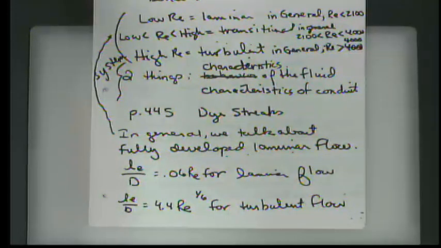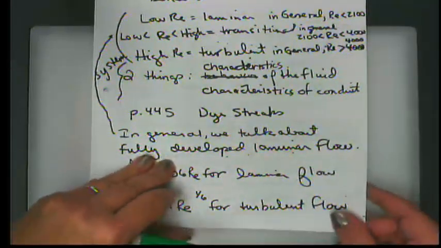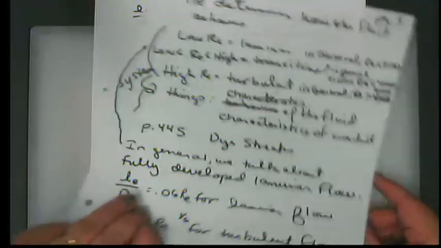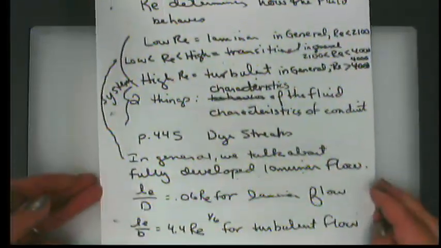Now, one of the tests that is used to determine whether a fluid flow is laminar or transitional or turbulent is a test using a dye streak. And this is described in your book on page 445. This is actually a really classical experiment.